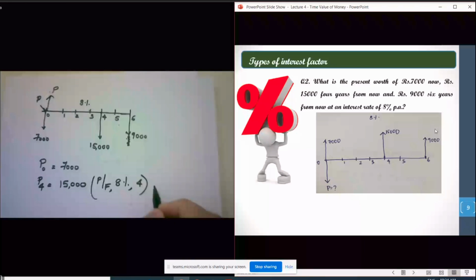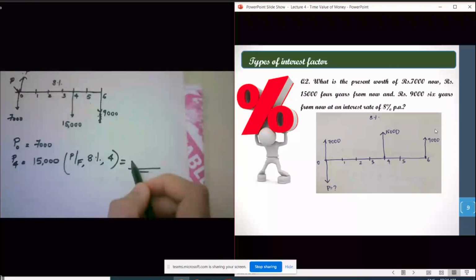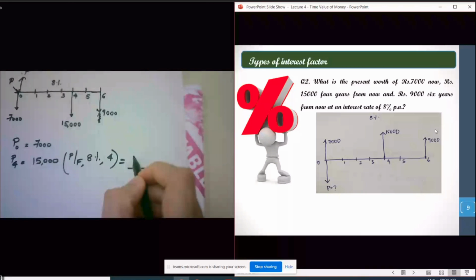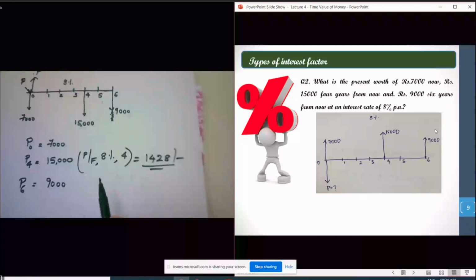What is the value? Have you calculated? 1,428. Okay. Then similarly, P6, you have this 9,000. So P by F, interest rate is 8%.